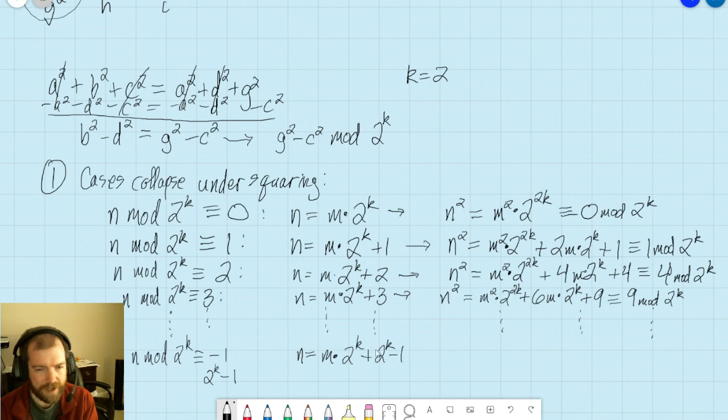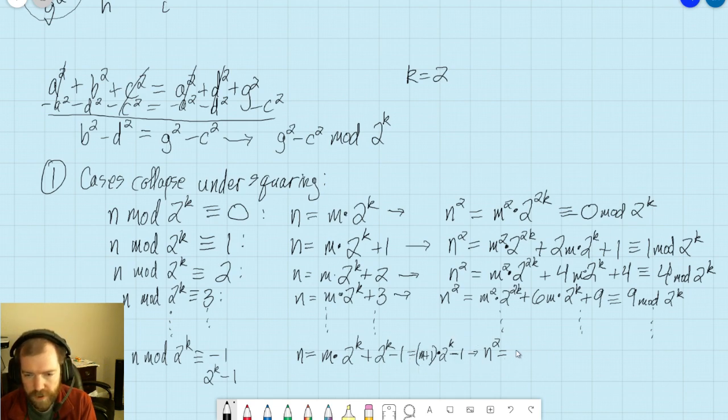So here we add 2 to the k minus 1 on the end, and this will be our last term before we go back to a modulus value of 0. So this is also equivalent to m plus 1 times 2 to the k minus 1. If we want to find out what n squared is, in this case, we're just going to square what we just got there.